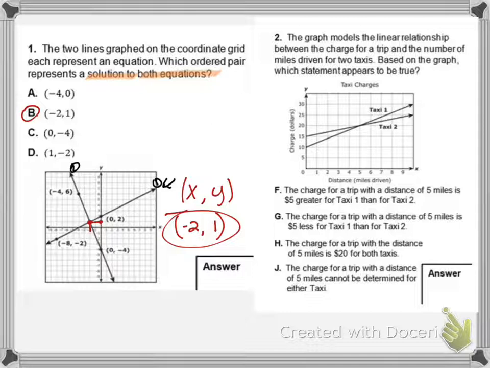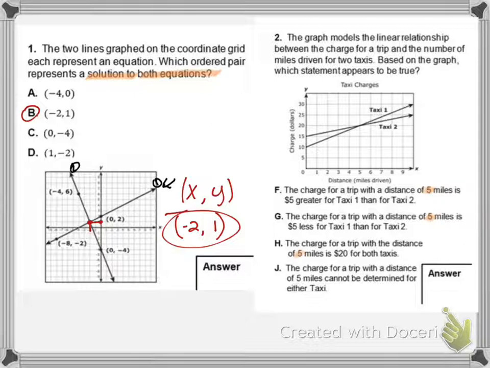G says it is $5 less for taxi 1 than for taxi 2. H says the charge for a trip with a distance of 5 miles is $20 for both taxis. And J says the charge for a trip with a distance of 5 miles cannot be determined for either taxi. If you notice, all of the answers are talking about something happening at 5 miles.